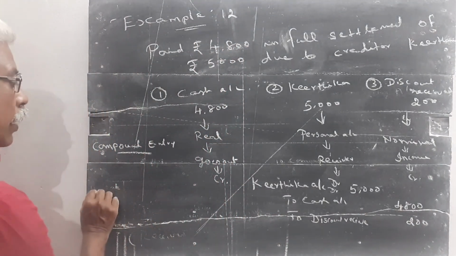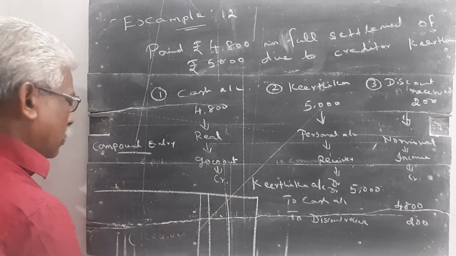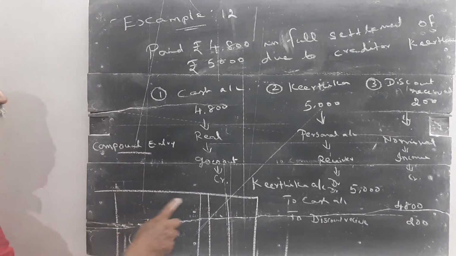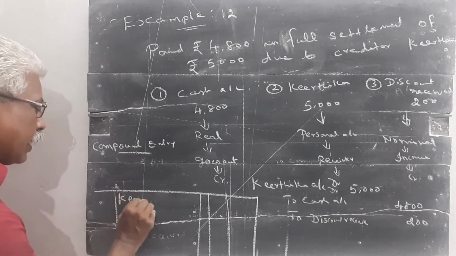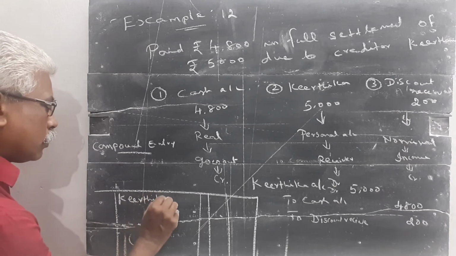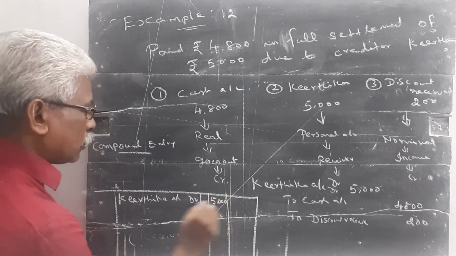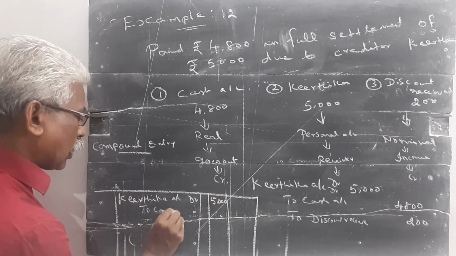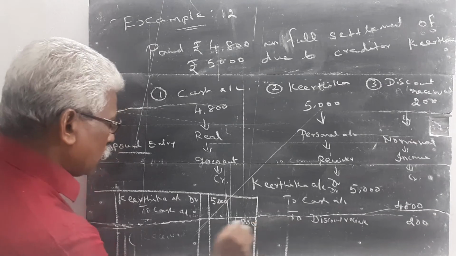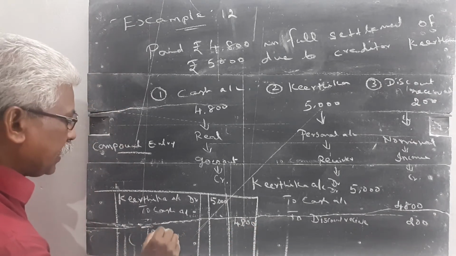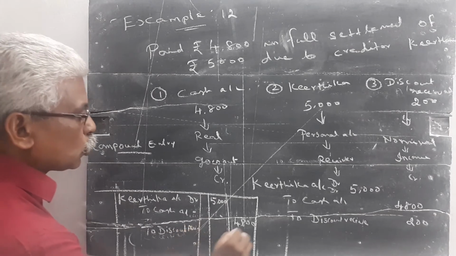Then how do you write in the journal? It consists of 5 columns: date, particulars, ledger folio, debit, credit. How do you write? Kirtana account debtor. Here we write 5,000. To cash account, 4,800 is entered as a credit. To discount received, 200.